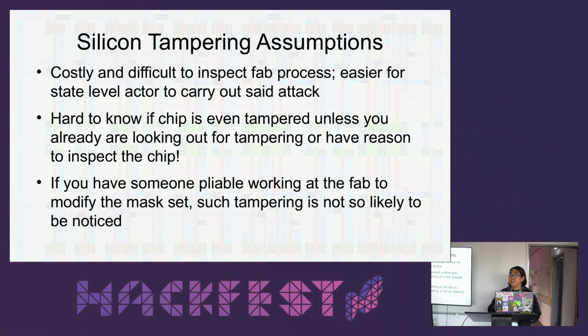But it's costly and difficult for companies or chip designers to inspect the fab process, and it's very difficult to detect tampering unless you already suspect there's tampering, right? So if you're dealing with a state level actor, and maybe you have someone pliable working at the fab, this sort of tampering is not so likely to be noticed. So these are the assumptions that we are making when we think about these kinds of attacks.